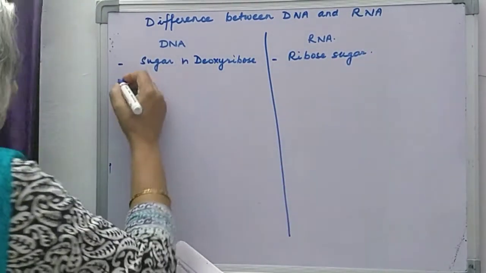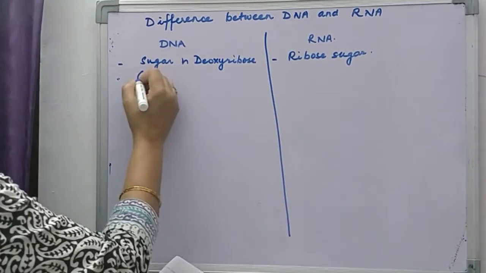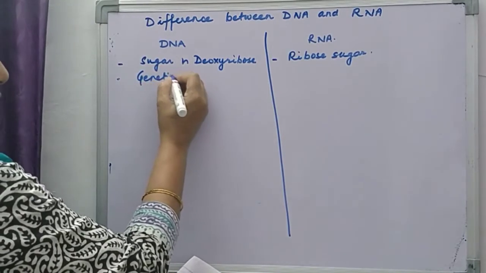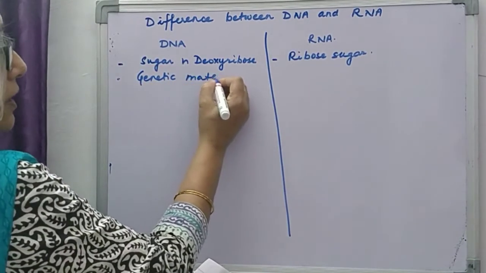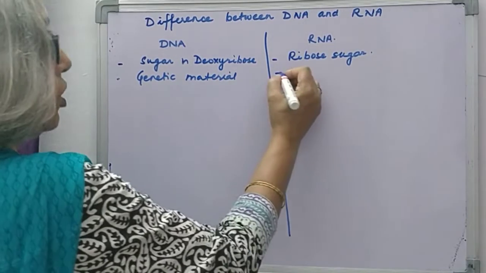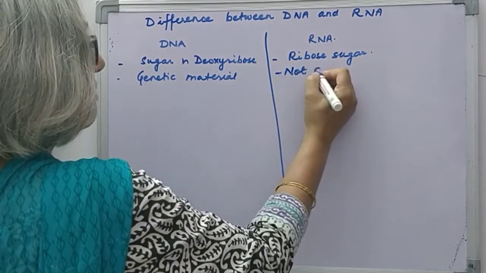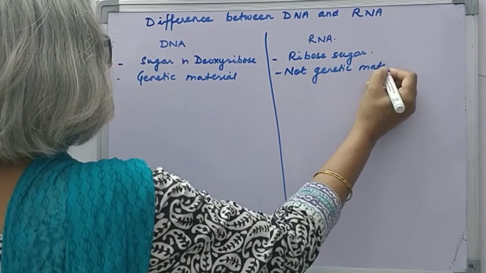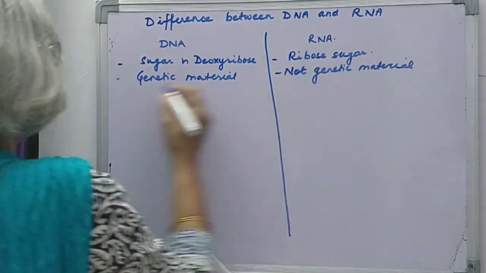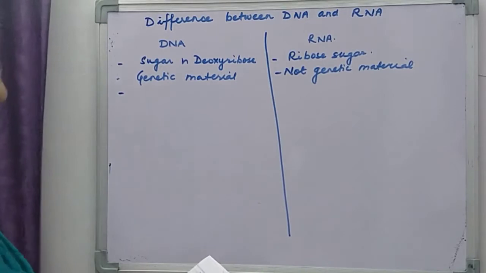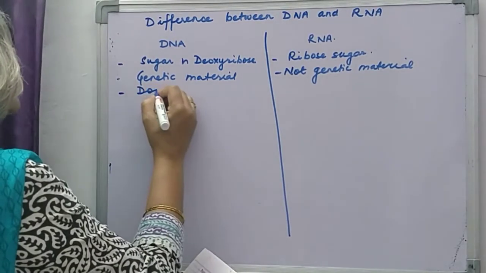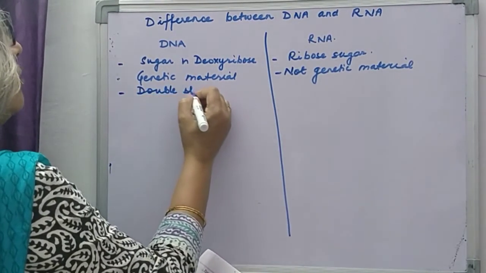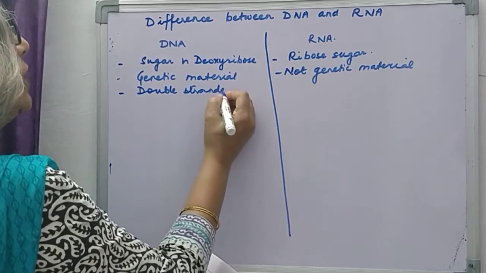Then DNA is the genetic material in most of the cases, and RNA is not the genetic material except in a few cases like retroviruses and certain plant viruses. I am writing the differences in short. DNA is a double-stranded molecule made up of 2 strands.